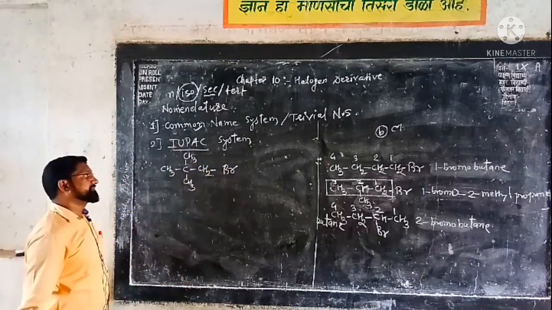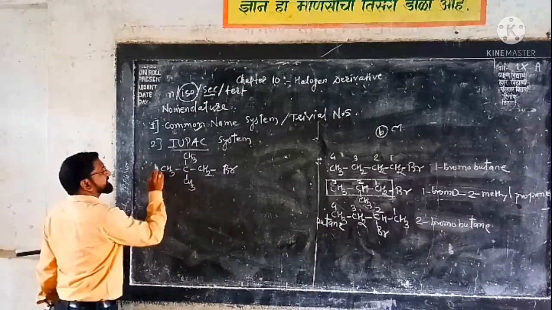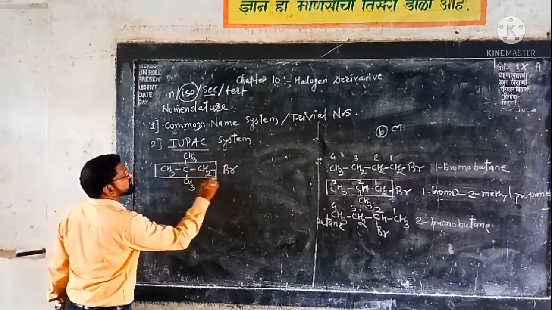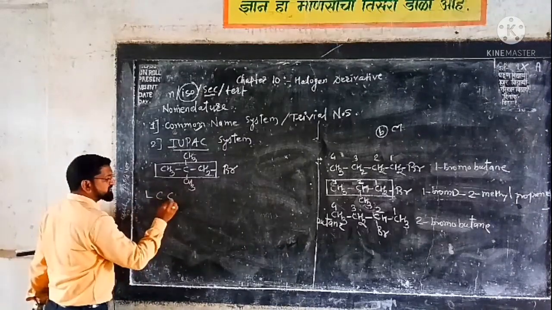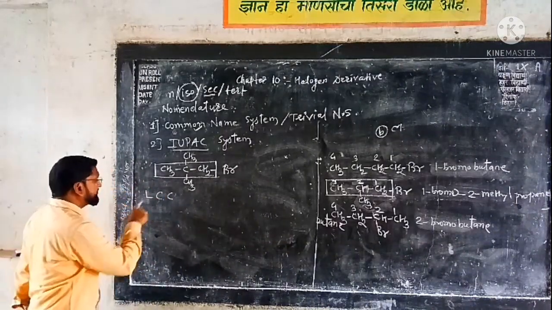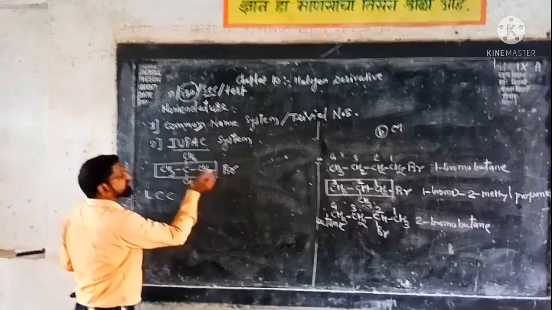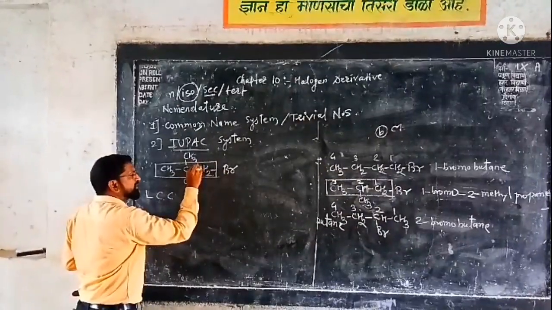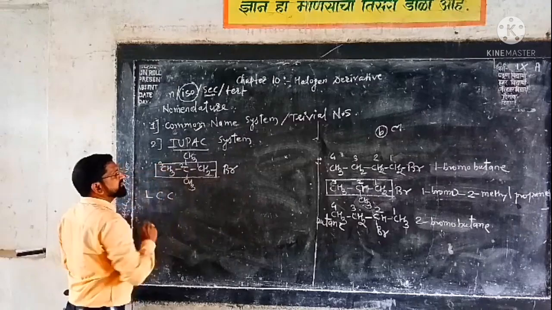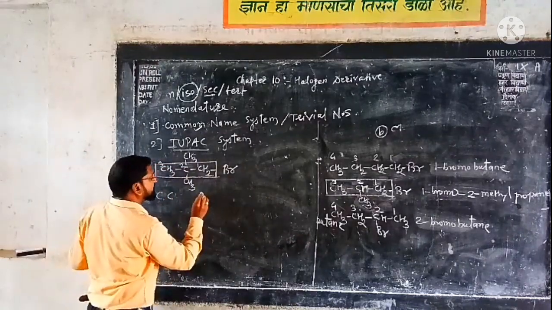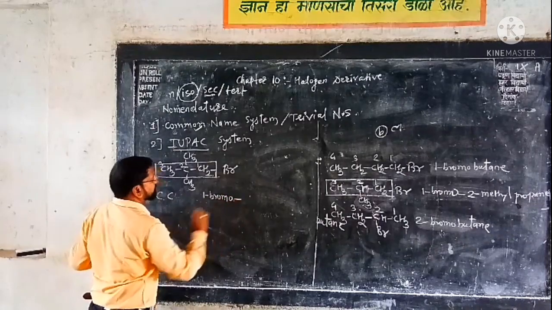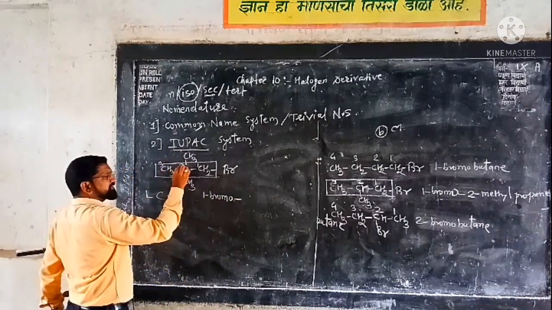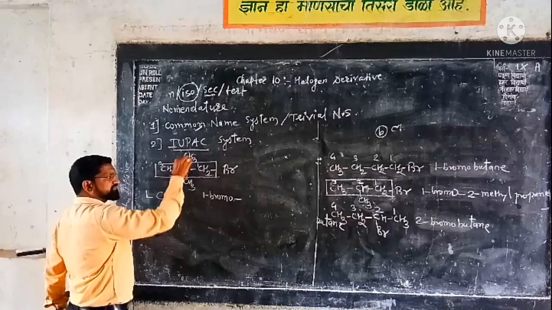Now start numbering. Okay. So I am selecting this as a continuous chain. That is called the longest continuous chain, LCC. Start numbering. Of course, Br is attached to this. Therefore, 1, 2, 3. Now you have to write the name. Okay. 1-bromo, hyphen. Now at second position, 2 methyl groups are attached.